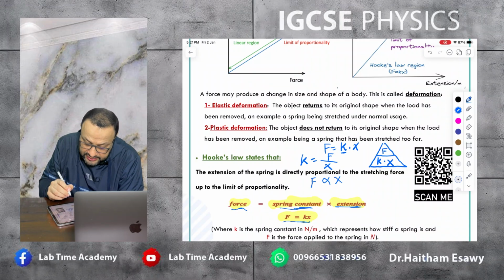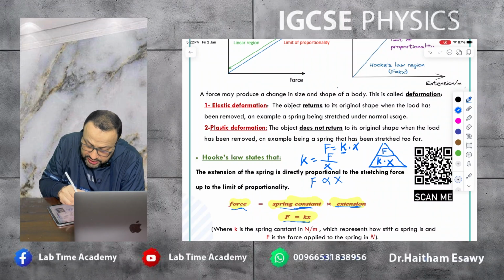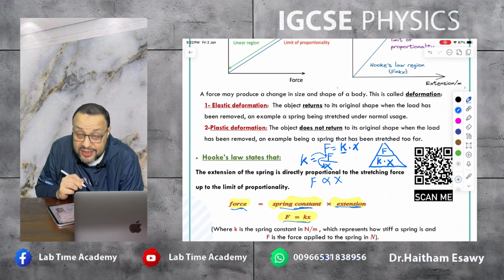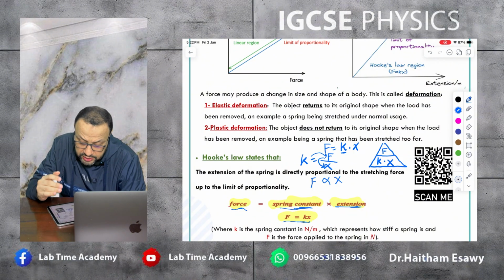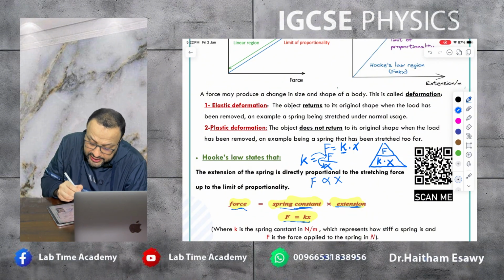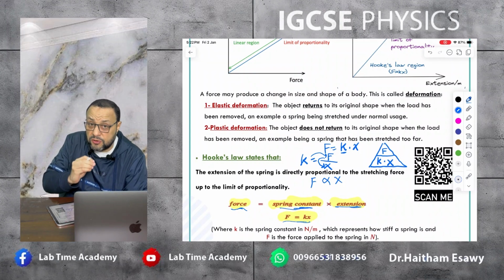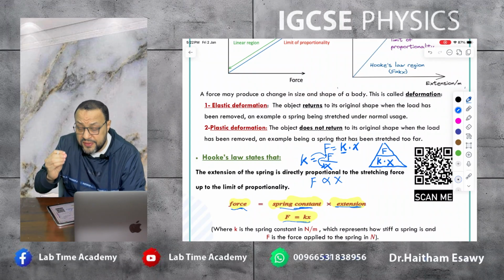This means that the spring constant is the force per unit extension. This is the definition according to the new syllabus. And what about its unit? Its unit depends on the unit of force and the unit of the extension.